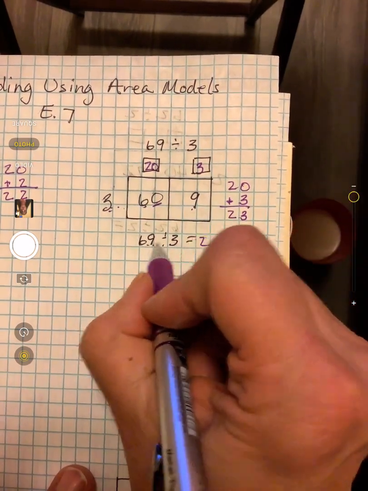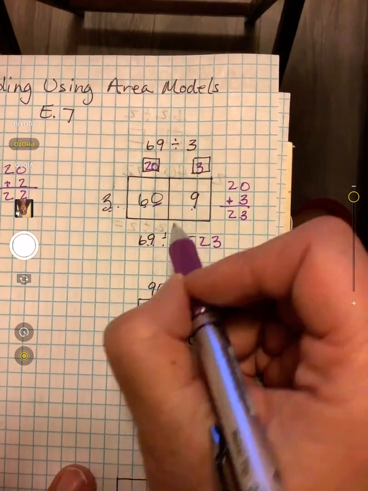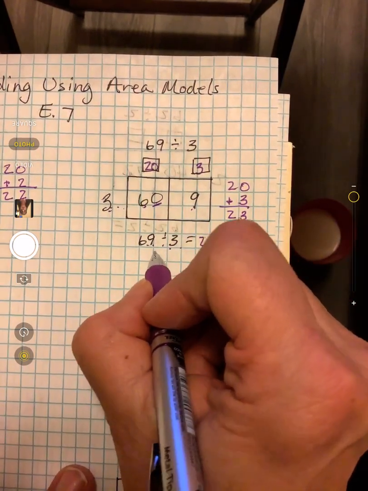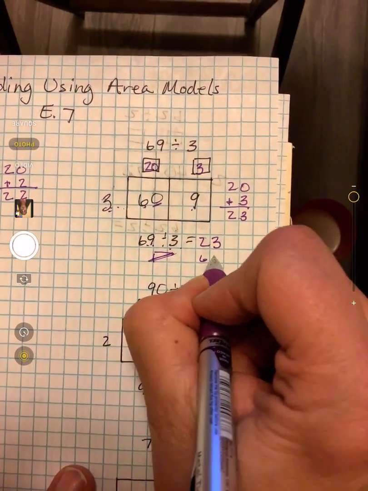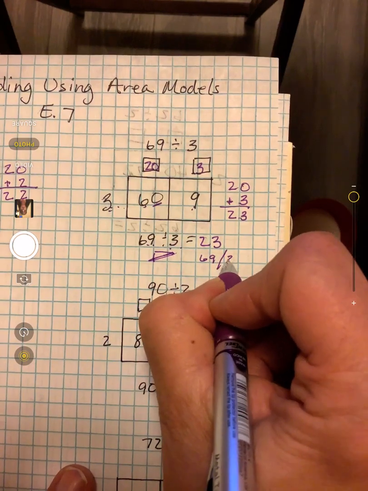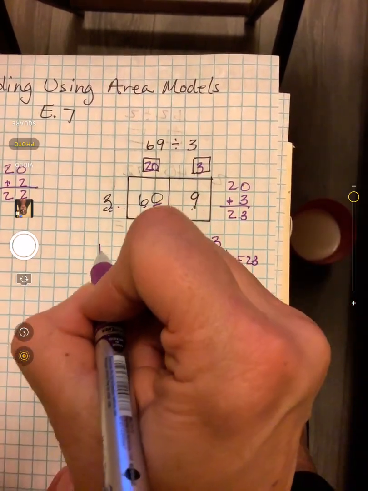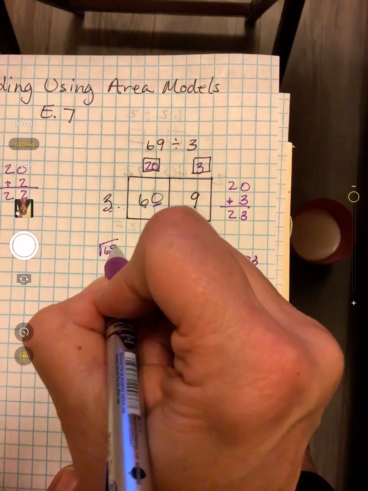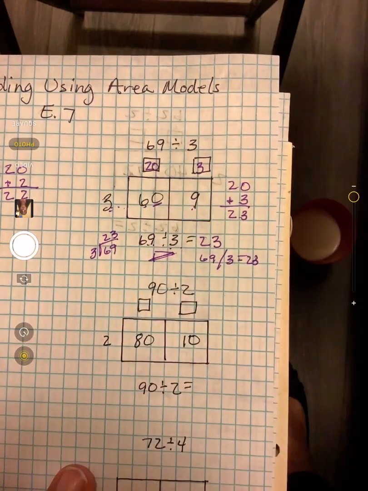So 69 divided by 3 is 23. Okay, we could write this like this. 69 divided by 3 equals 23. You can also write it like this.